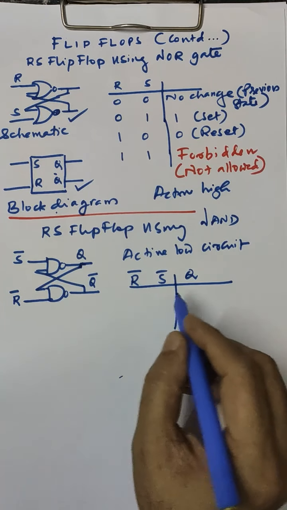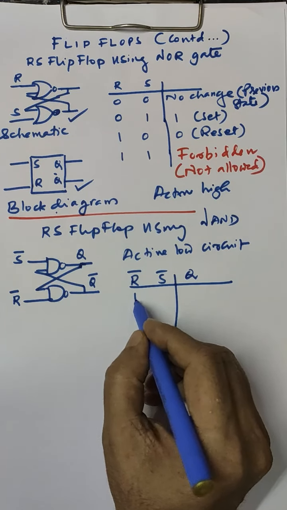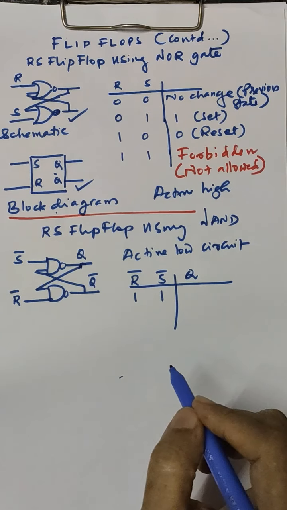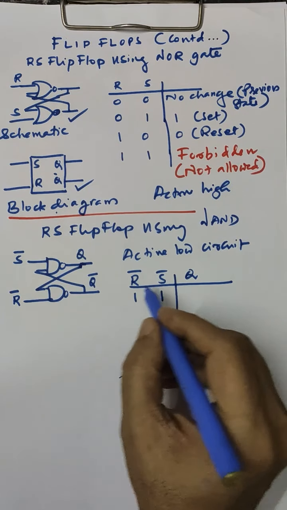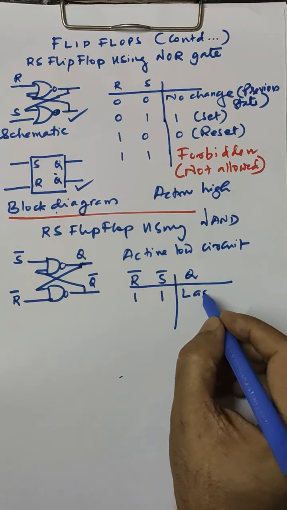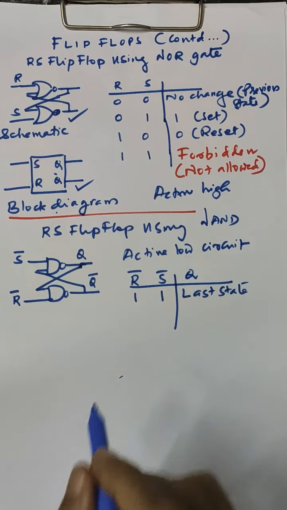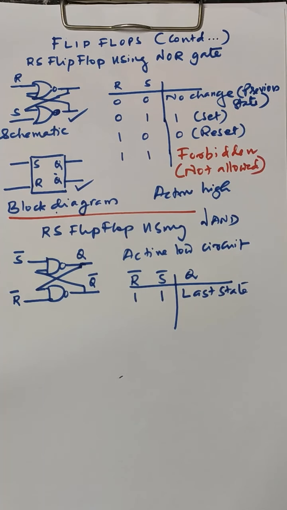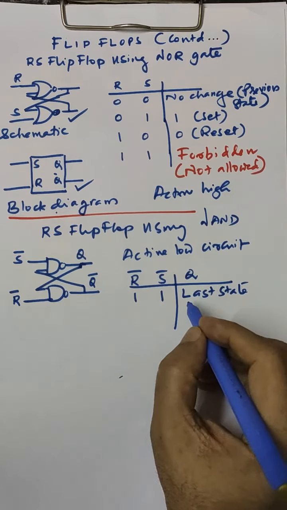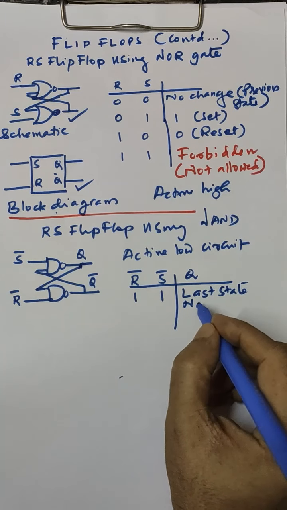You can see that in the truth table, when both inputs are 1, it is preserving the last state, in contrast to the previous case in which 0 0 represents the last state or no change condition, memory condition.